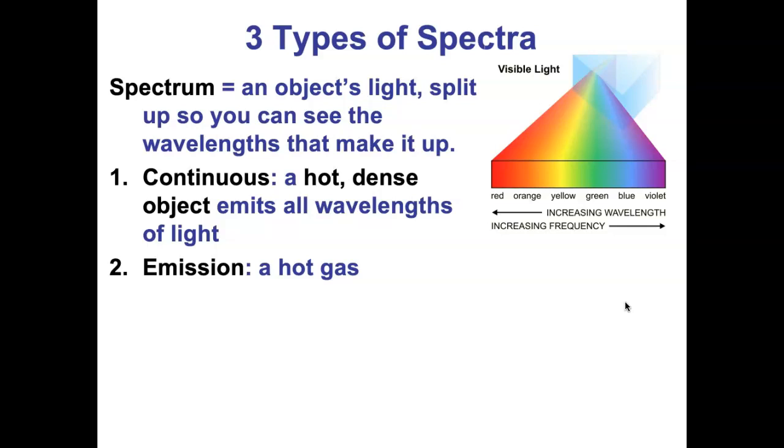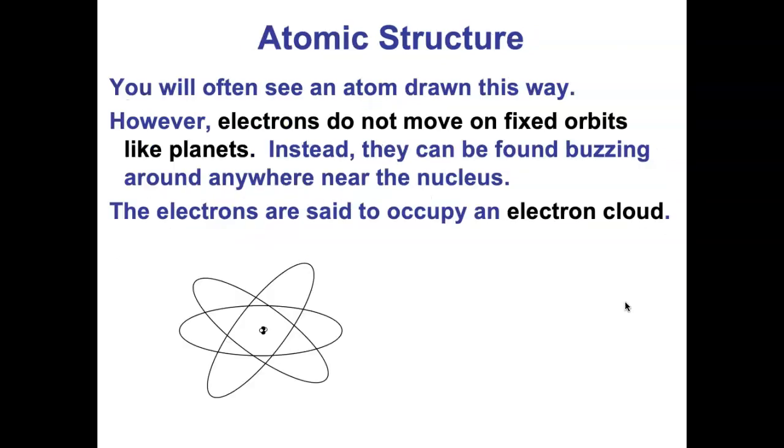In order to understand how low-density gases interact with light, we need to look at the structure of atoms. Because with a low-density gas, like the air you're breathing right now, there's a lot of empty space between the atoms and molecules. And since there's lots of empty space, photons can get in and interact with the atoms one-on-one.